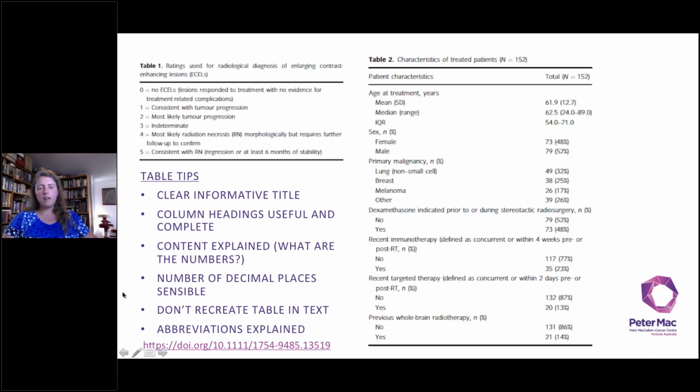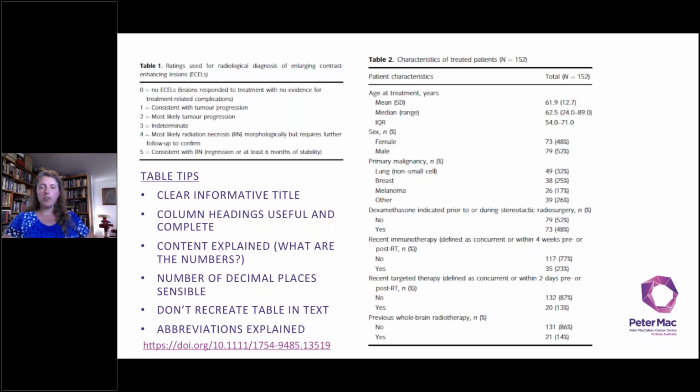The tables are in your manuscript as a feature. We have a limited number of tables and figures quite often in manuscripts. And so make sure that they are there to provide useful information that doesn't need to be recreated in the text as well.